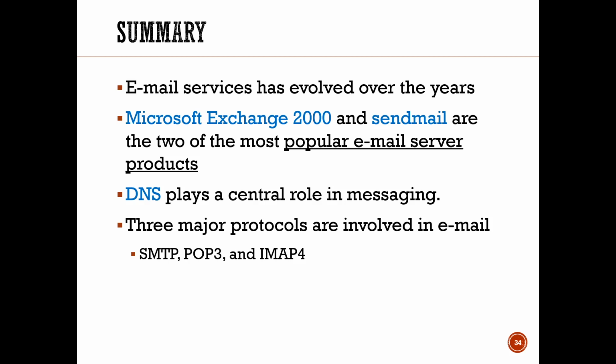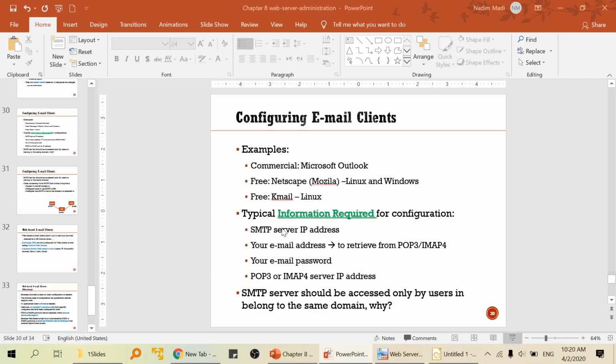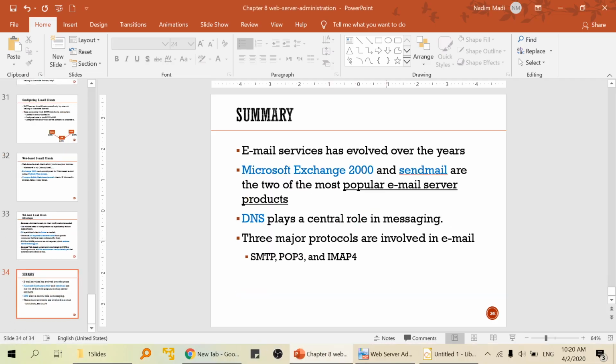We also discussed the structure of email server packages, for example Microsoft Exchange and Sendmail, which are very popular email server products, and how DNS plays a central role in messaging using the MX record. We also talked about web-based client email applications, and standalone applications, for example Outlook and Kmail.